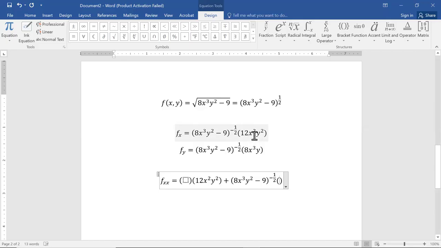So I'm going to get 2 times 12, that gives me 24, x to the first power, y to the second power.